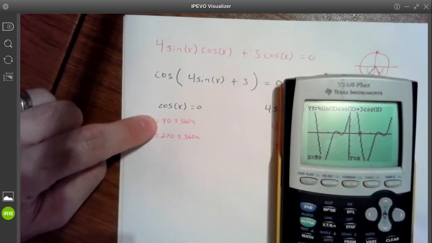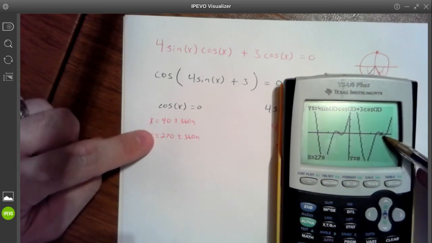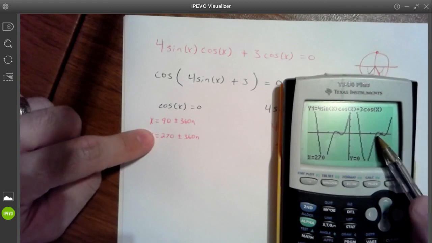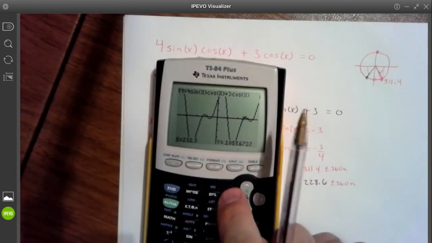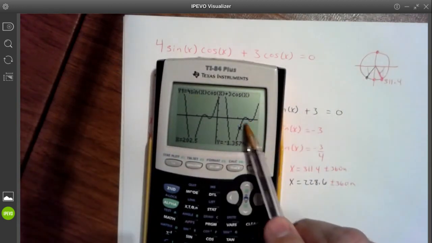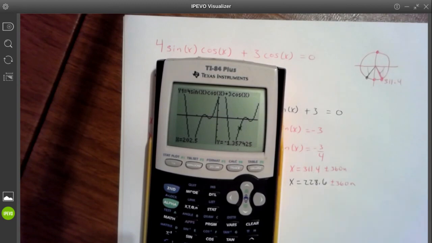There's that one. 270, you can just press 270, and it's going to find that other one for you. These other two spots, it's kind of hard to see them here, but these other two spots right here and here are going to be this 311.4 and the 228.